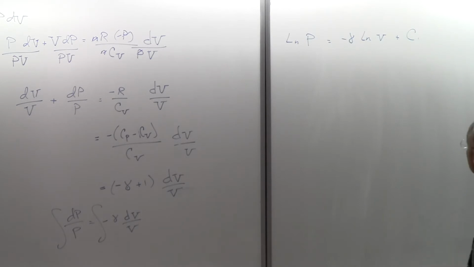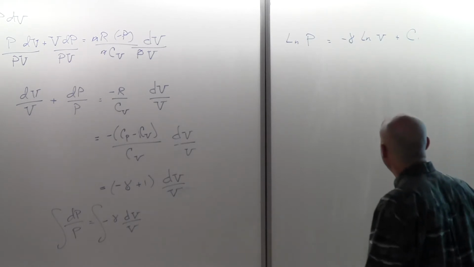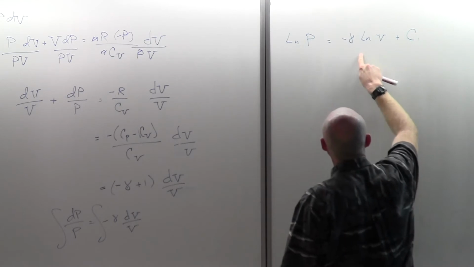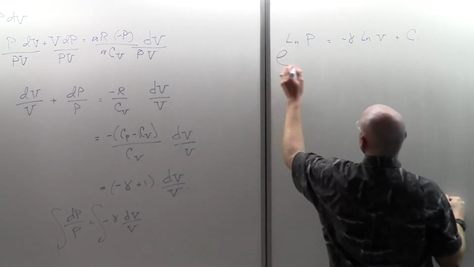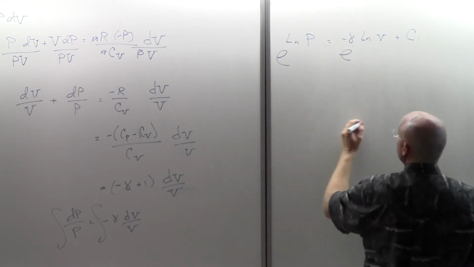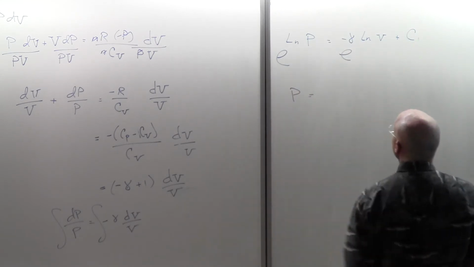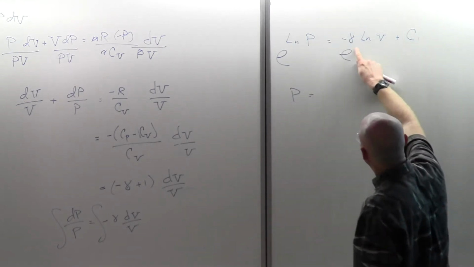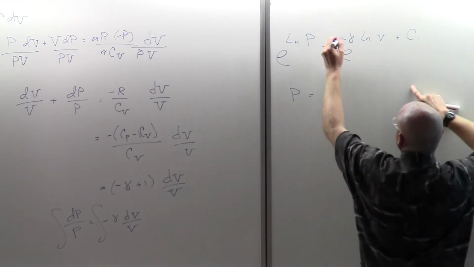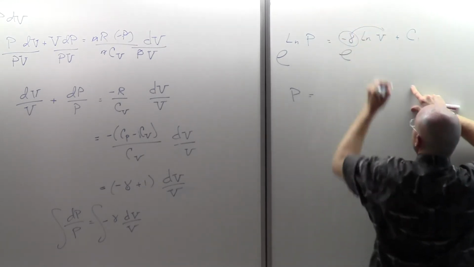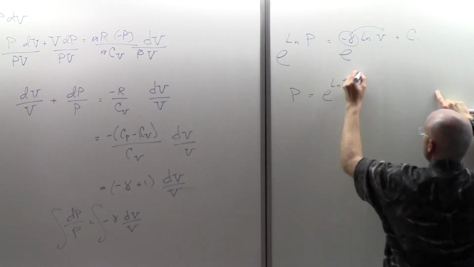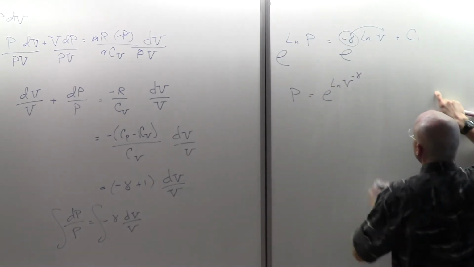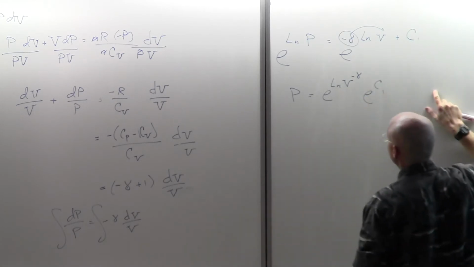Yet to be discussed. But when you then move, well, I'll just raise it to a power first. So raise it to a power of E, raise it to a power of E. This just becomes pressure. This one, you kind of need to watch here. I'm going to move the negative gamma up there. So this is E to the natural log of V to the negative gamma times E to the constant one.